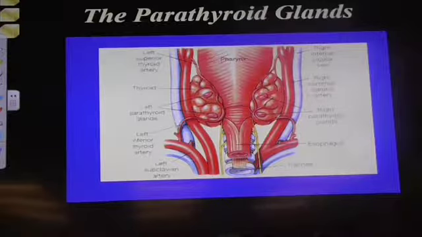So what's the most common cause of hypoparathyroidism in cats? Surgical removal of the thyroid for hyperthyroidism, right? And when you take them out, if you're not careful, what are you also going to take out? Parathyroids. So hopefully you can dissect around and leave the external ones there. Forget the internal ones, you're not going to be able to get those. They're going to come out.